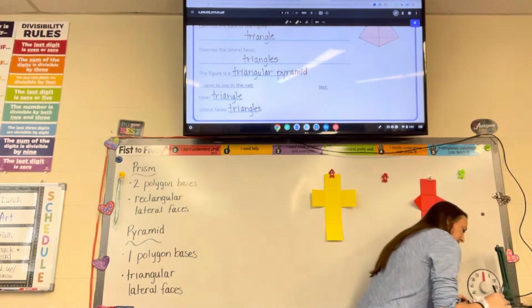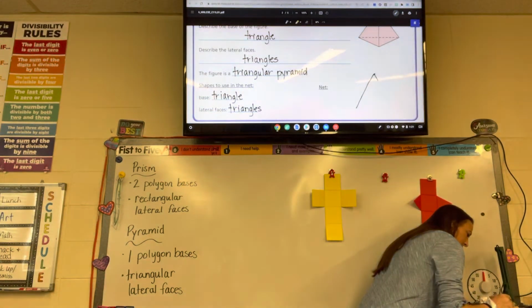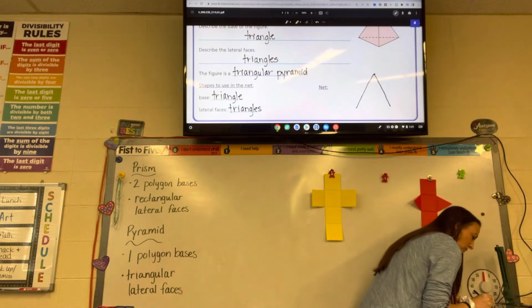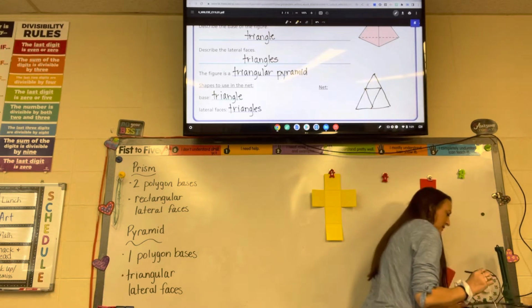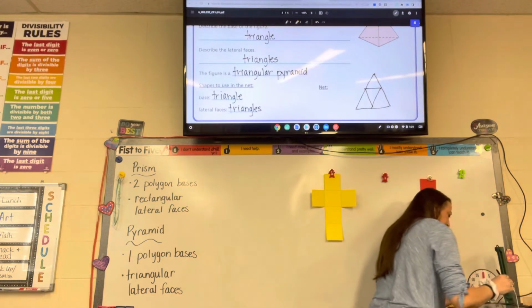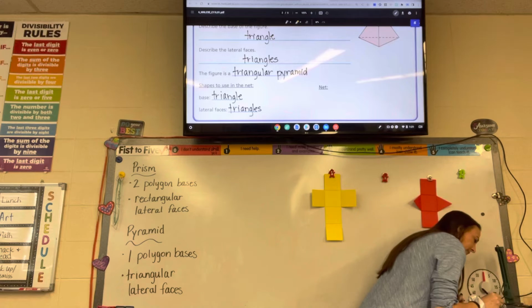So here we go. We need to draw a big triangle. And then, that is pretty bad. All right, hold on. I'm going to try again. Looks good to me.